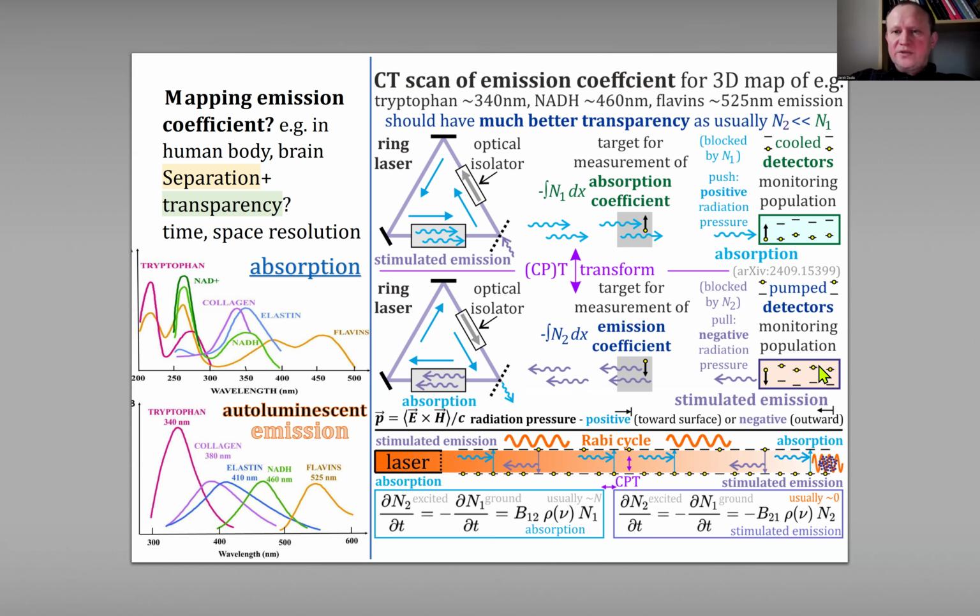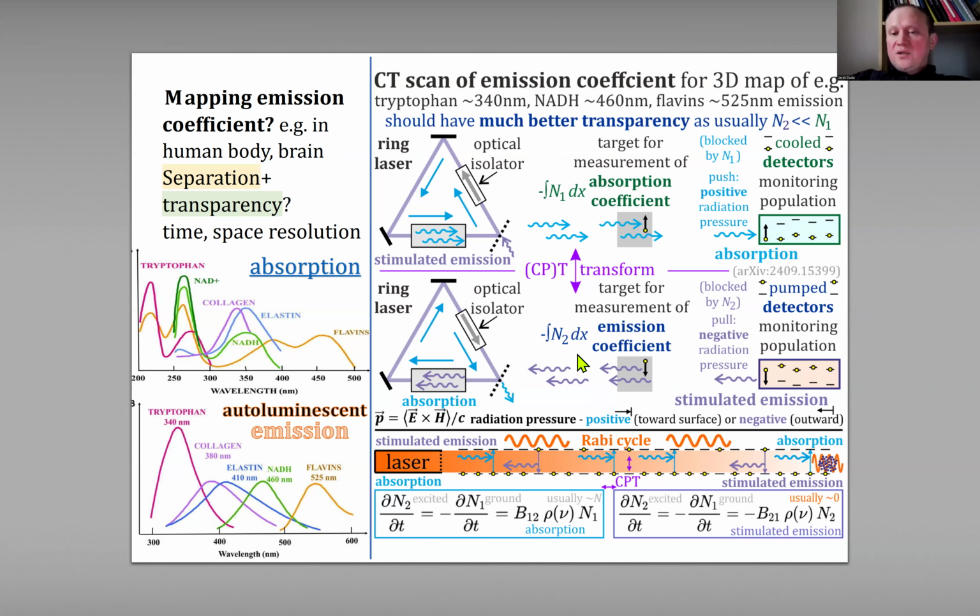That's the difficult part, that we need a detector which is constantly pumped, and we monitor its population somehow. It's not trivial, but I think it's doable. I have a few ideas how to do it practically. And then there is this target, and now it subtracts not the ground state, but the excited atoms.